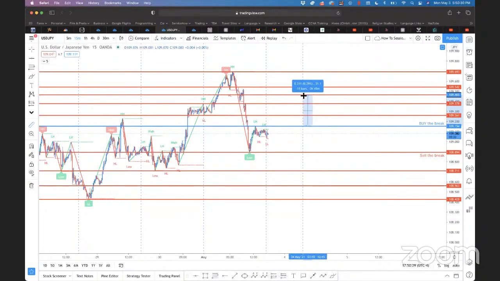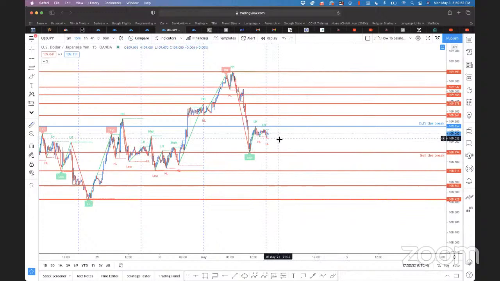I'll just go look for 3 targets. That's 31 pips. I'm done marking this up. If it goes any further, that's cool, right? I can do something to make it a little tighter if I wanted to.